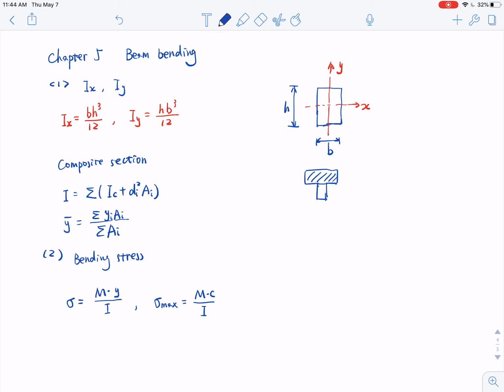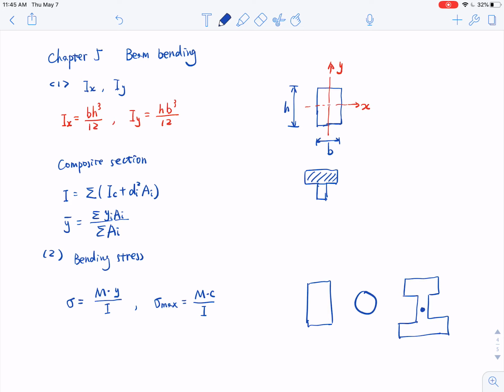Right. So these equations, these methods are valid for both simple cross sections like this, like this, or composite sections. Right? Even if you have composite sections like this, it is also valid. You just need to determine the centroid, right?